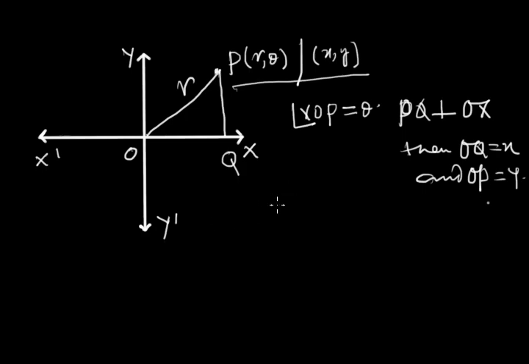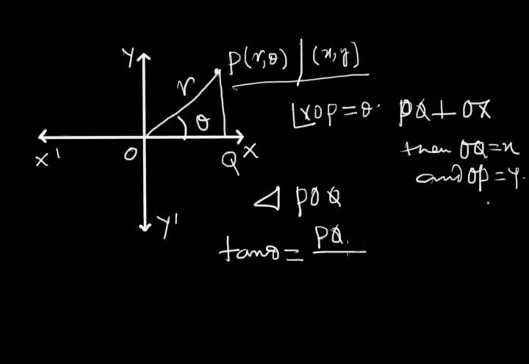Now, in triangle POQ, if this angle is theta, we can write tan theta equals PQ upon OQ, that is y upon x.